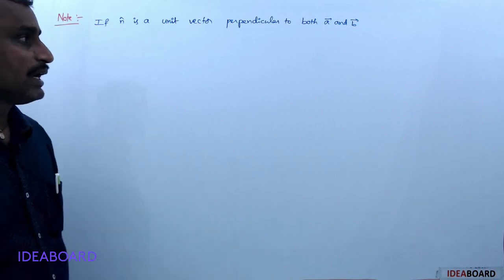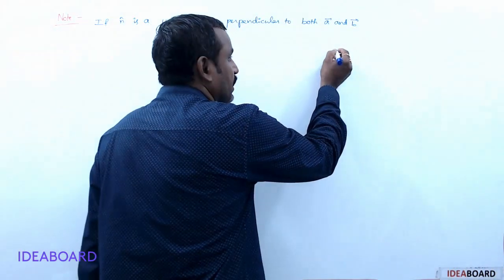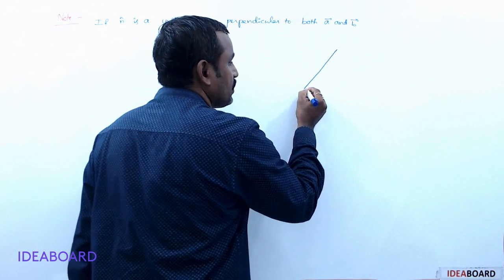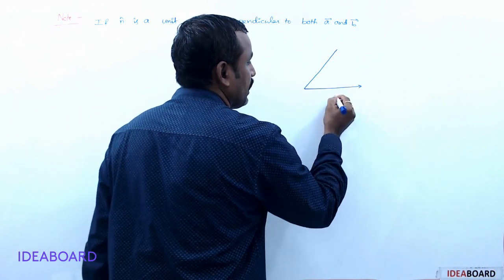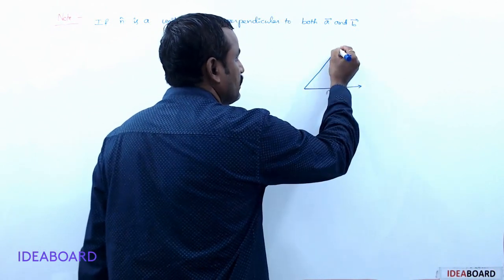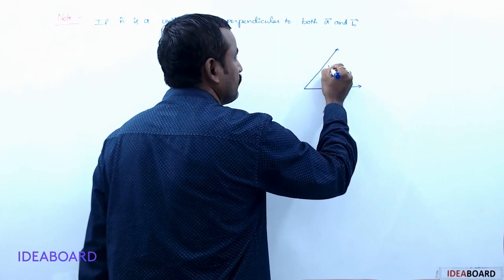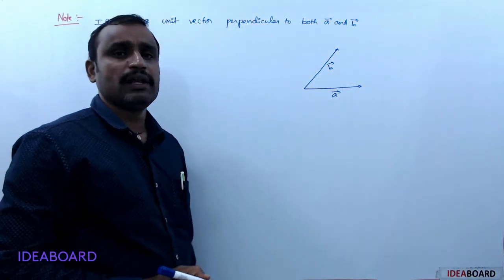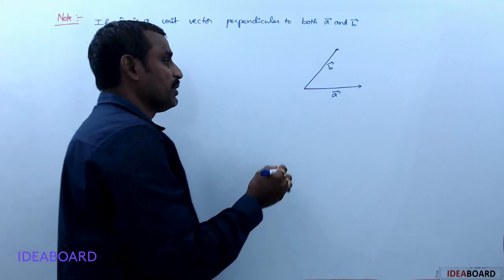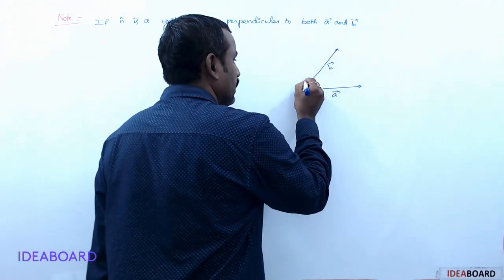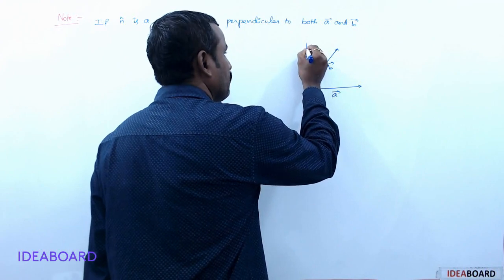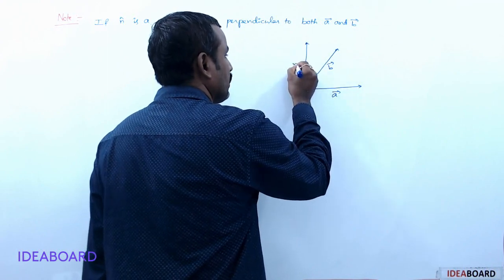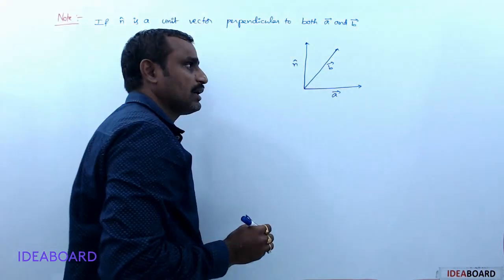So now once again we can see that. This is the A bar vector, this is the B bar vector, and perpendicular to both A bar and B bar, that is the n cap vector.